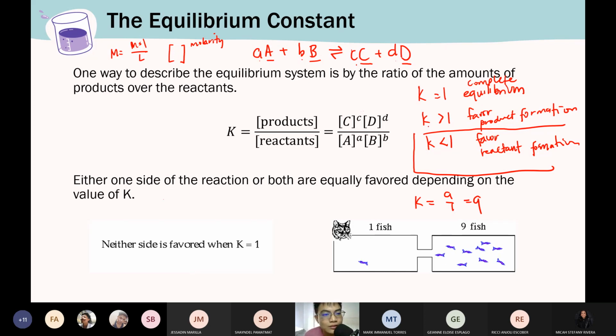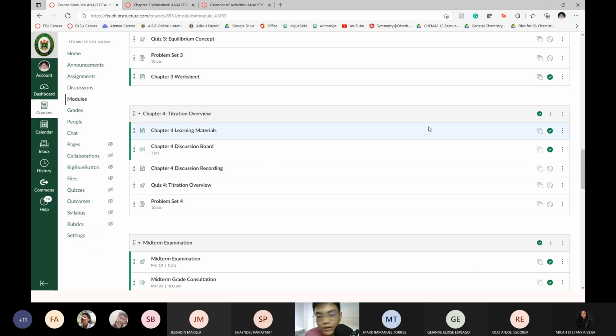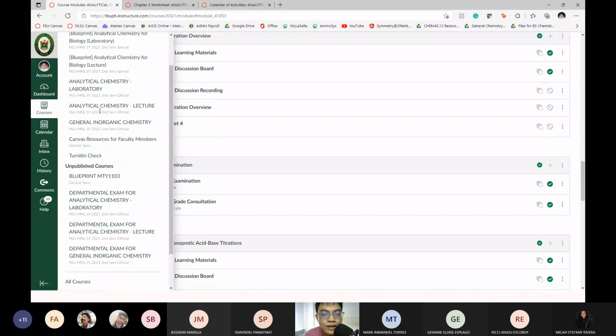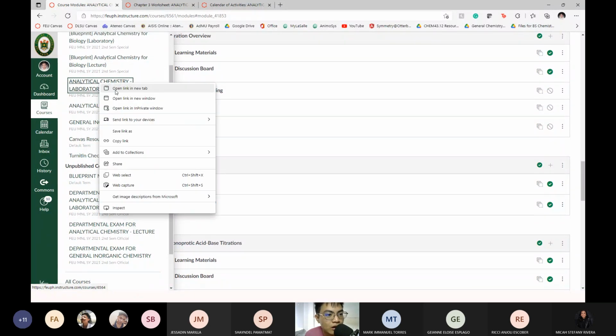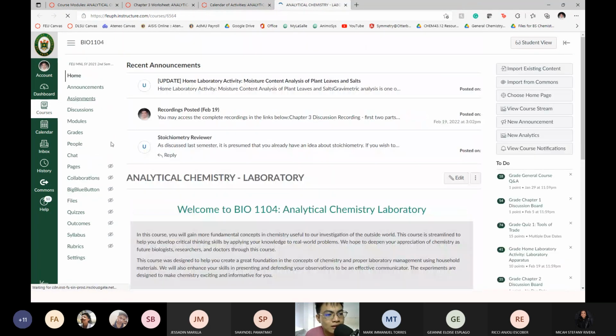So, kung makikita nyo sa inyong canvas, sa laboratory, sa laboratory ko siya nilagay. May table tayo doon ng K values eh. So, mas marami yung equilibrium systems that are less than 1 yung value. Bakit kaya, no? Let's try to make sense of that.